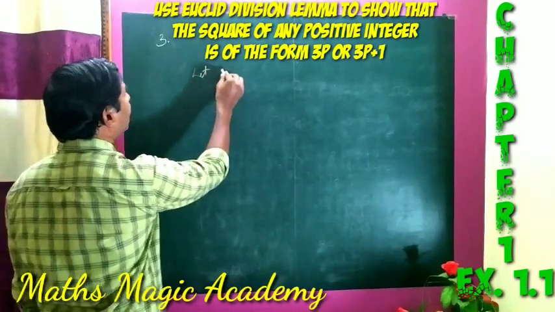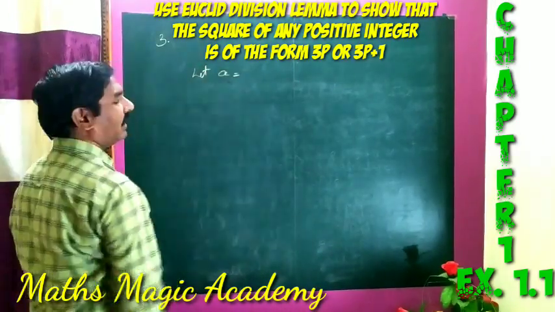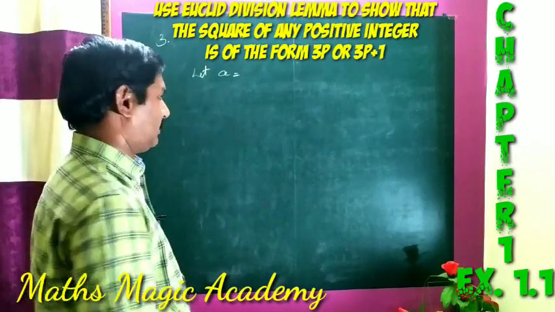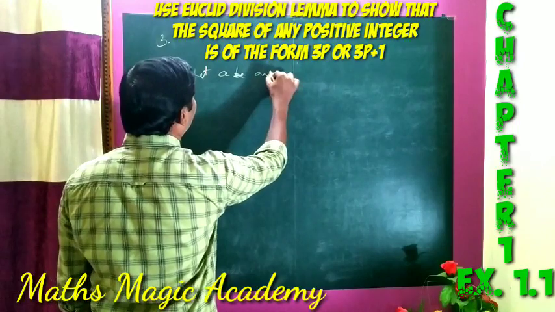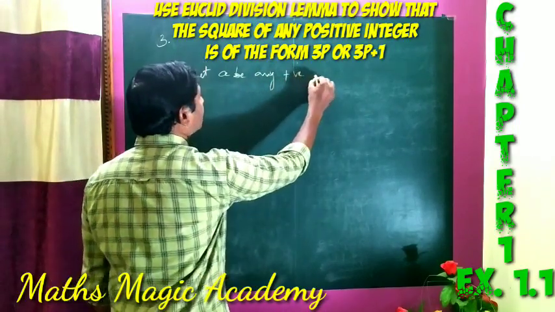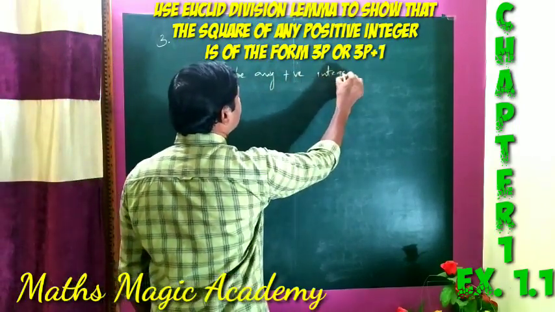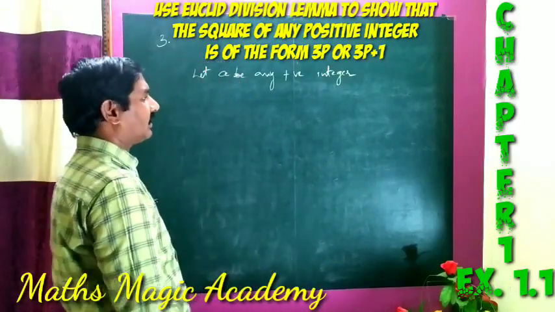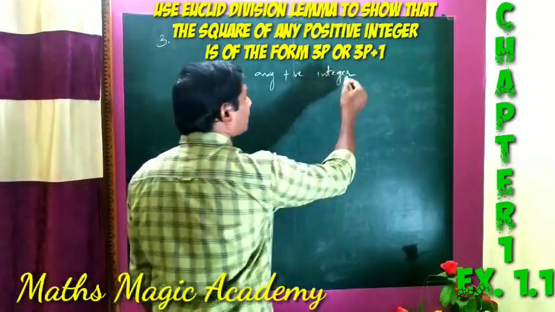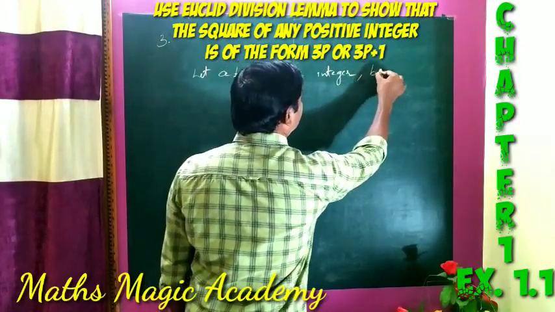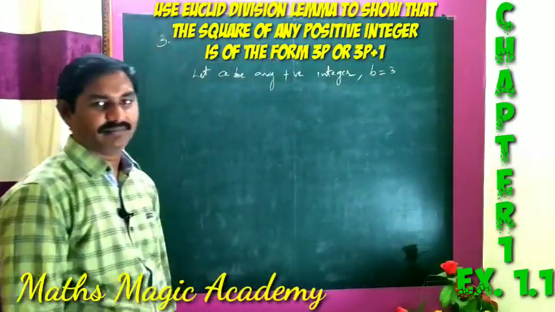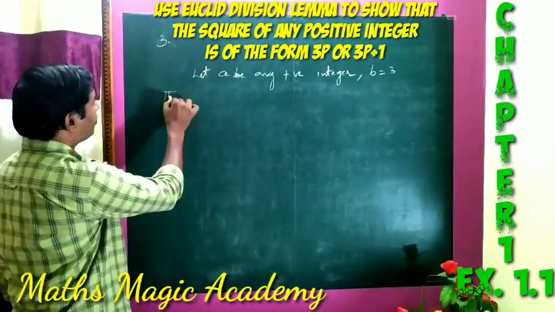Let a be any positive integer. They have given that it is in the form of 3p or 3p plus 1. That means the b value is 3.